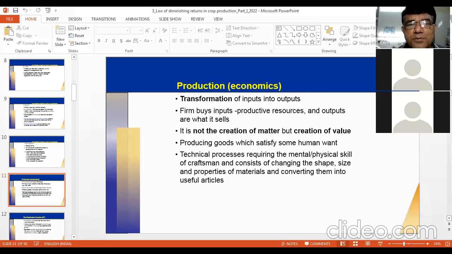Producing goods which satisfy some human want is another meaning of production. And the typical definition of production is technical processes requiring the mental and physical skill of craftsmen and consisting of changing the shape, size, and property of materials and converting them into usable items. That is your production.